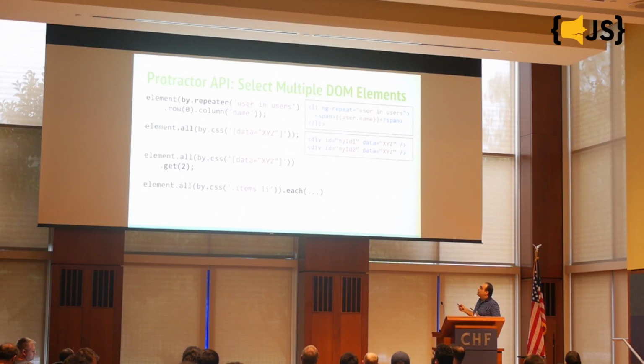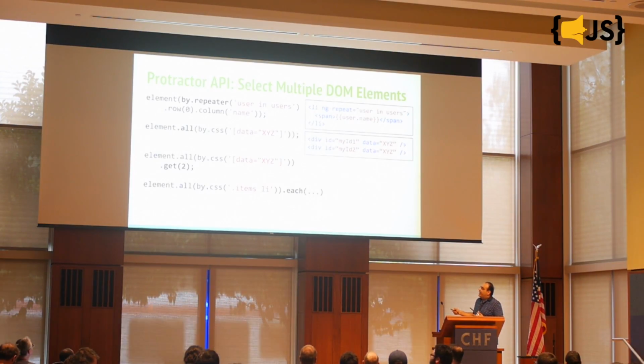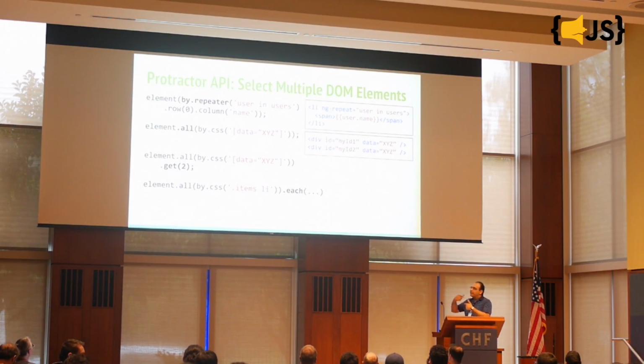So this will pick the whole list, and essentially by doing this you can return all the matched elements as an array or a collection, and then you can index through the collection by using either the get method or using the each method to loop through them as an array.